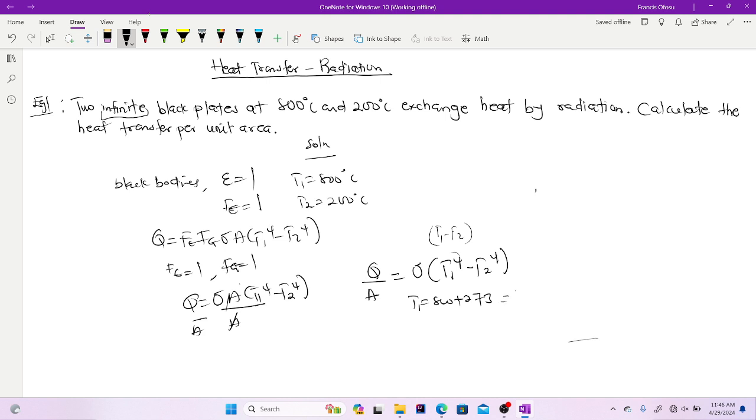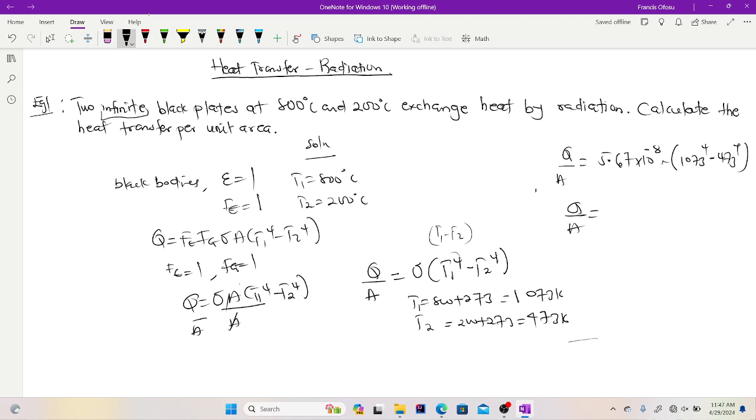So T1 is 800 plus 273, which gives us 1073 Kelvin, and T2 is 200 plus 273, which gives 473 Kelvin. Now we just substitute: Q over A equals the Stefan-Boltzmann constant, 5.67 times 10 to the power negative 8, multiplying 1073 exponent 4 minus 473 exponent 4.